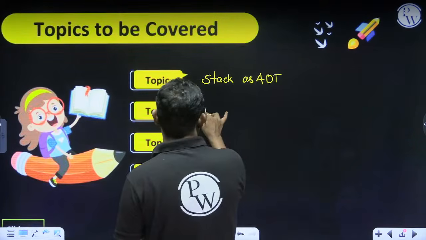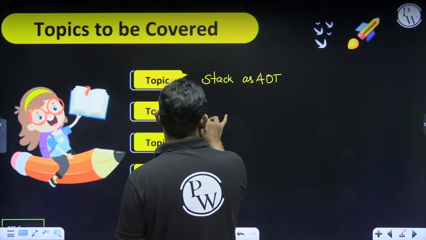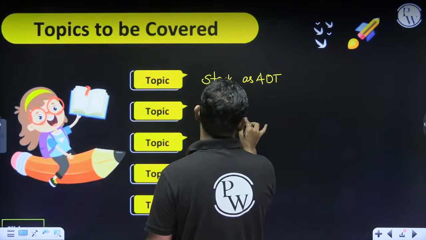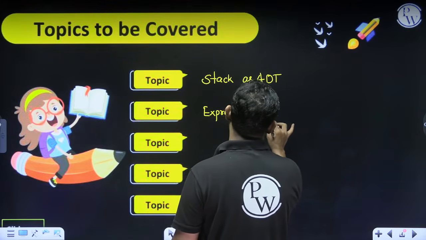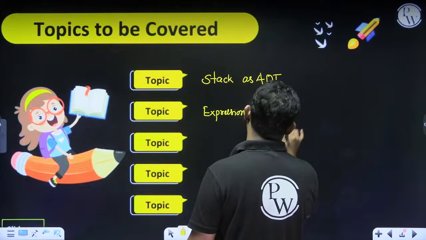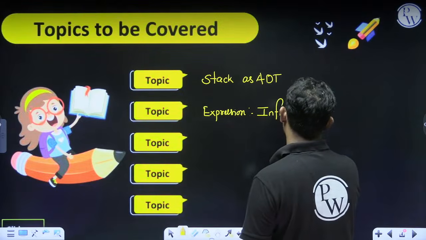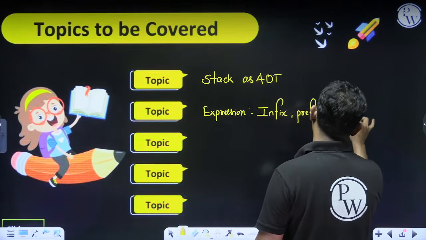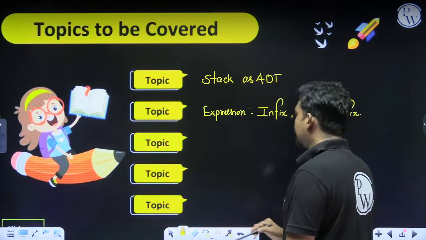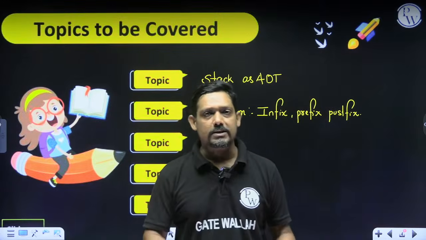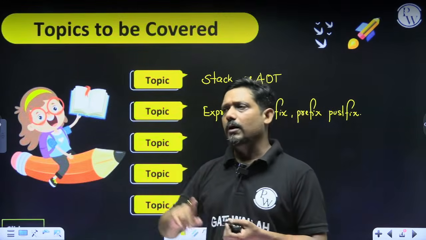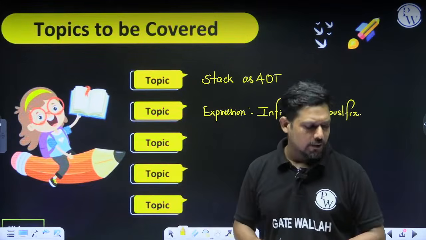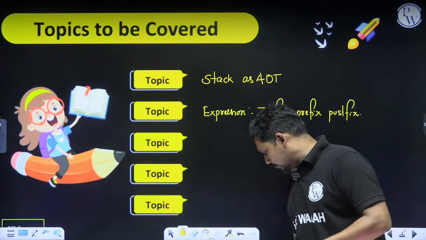We'll also talk about one of the important parts, which is called expression. We'll deal with three types of expression: infix, prefix, and postfix. We'll see only the GATE approach and the semester approach, where we can use a stack for conversion, which is more important from the semester point of view, but not important from the GATE point of view, though I cover both processes in the class.